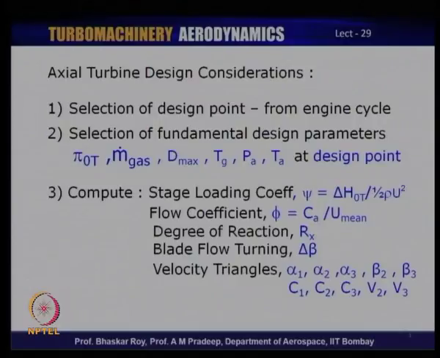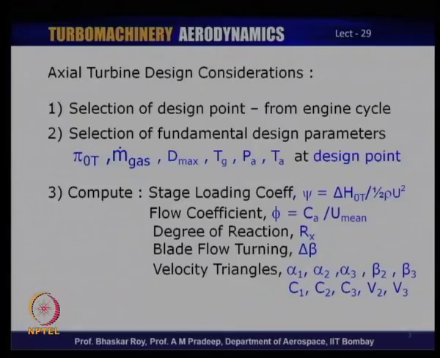Then of course, you have a number of parameters that you have discussed in great detail in the earlier lectures. One is the stage loading coefficient, which in most textbooks is psi, and that is equal to the work done delta H divided by normally half rho u square.